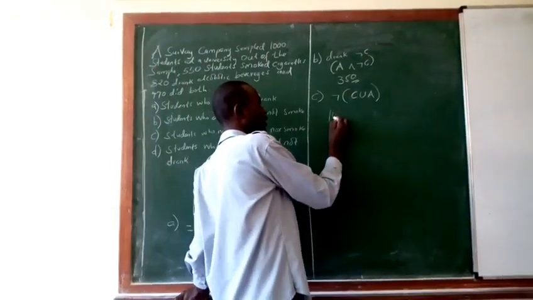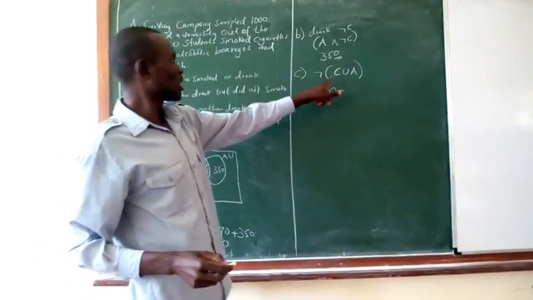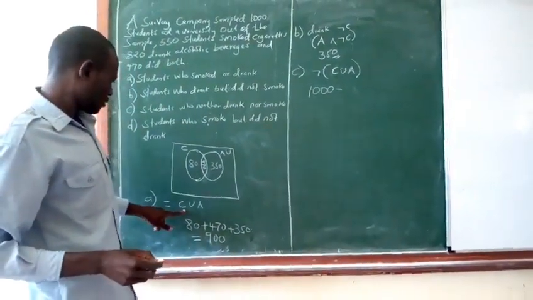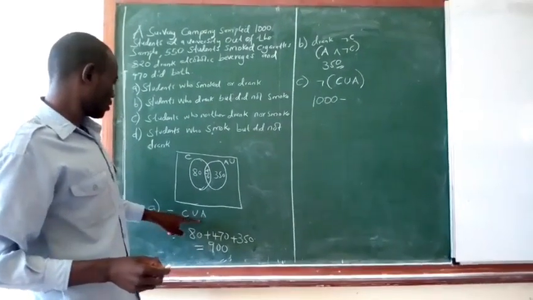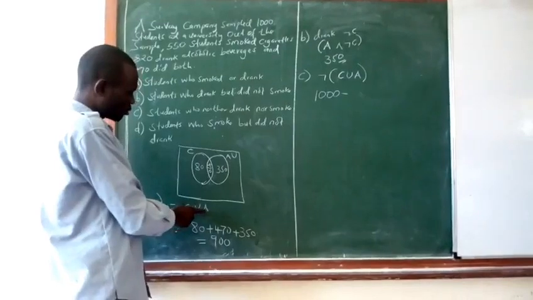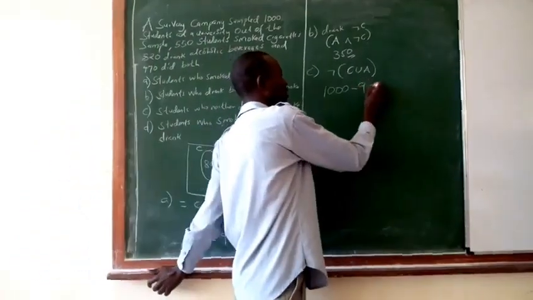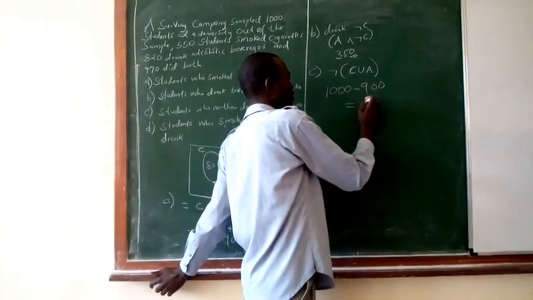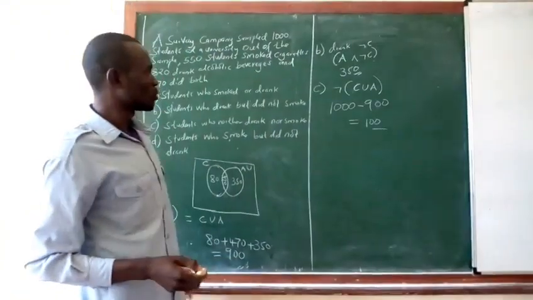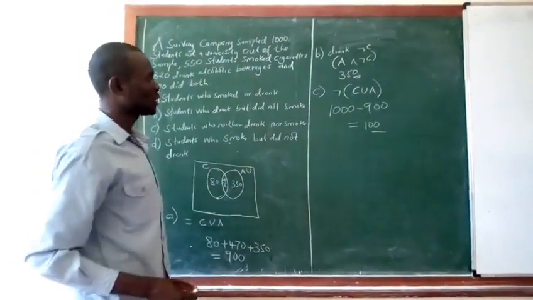So in this case, we take the whole sample, and we minus our first answer, the students who smoked and also drank alcohol. So we take 1,000 minus 900. So we get 100. These are the students who did not smoke or drink alcoholic drinks.